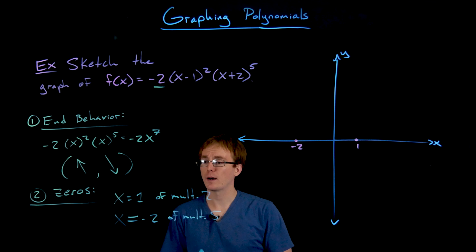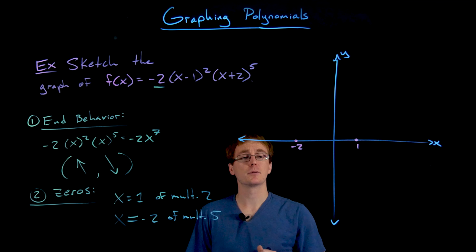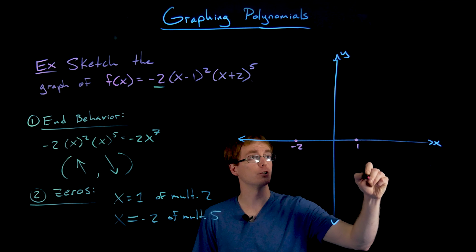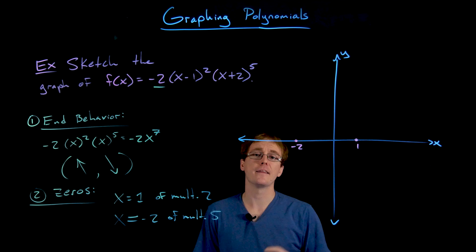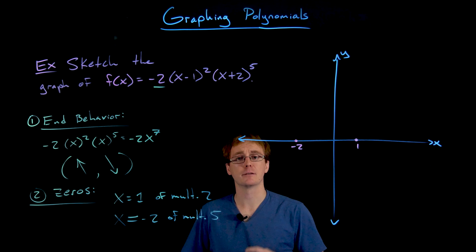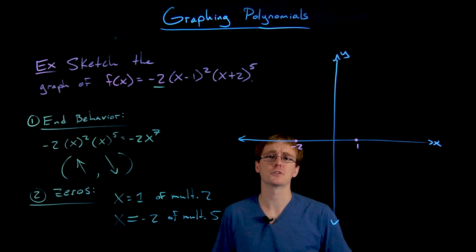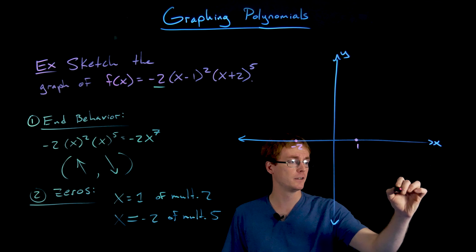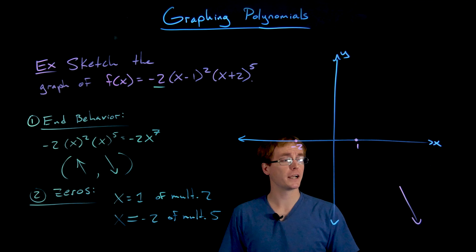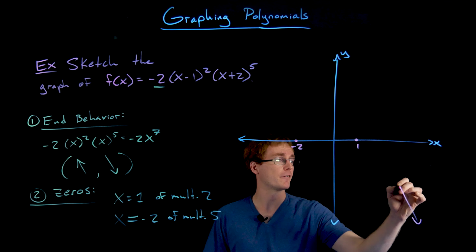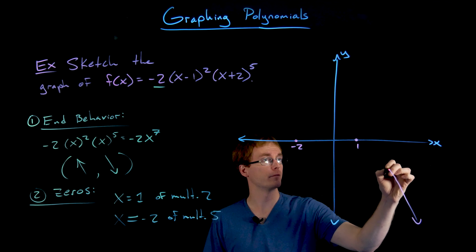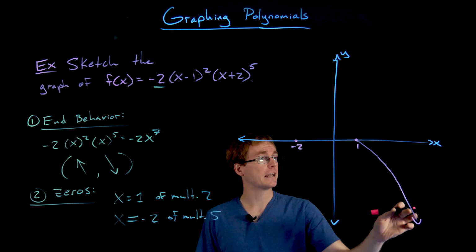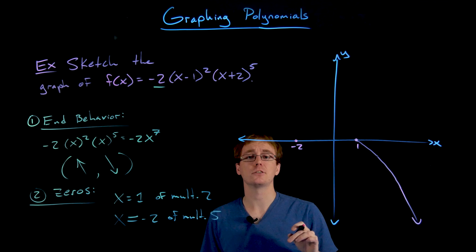And so our 0 at x equals 1 is of multiplicity 2, so we're going to bounce off the 0. We can either bounce off the 0 from below or from above, and that's where knowing the end behavior can be helpful. And that's one of the reasons why I usually start with the end behavior. We know for the far right of our function, we have to go down and to the right, and that tells us that from that far right end behavior, we have to eventually hit our 0 at x equals 1.